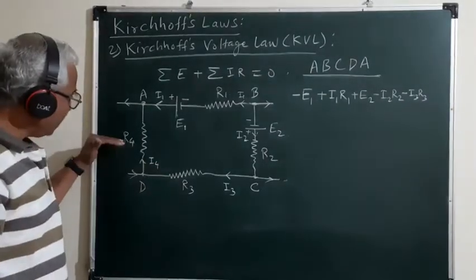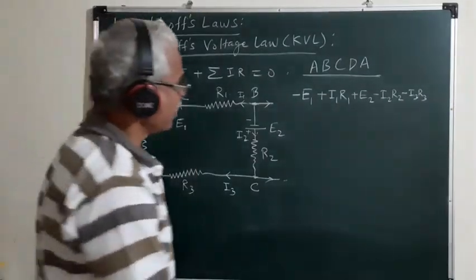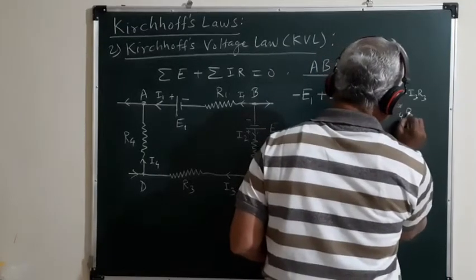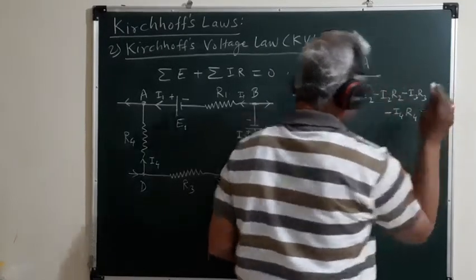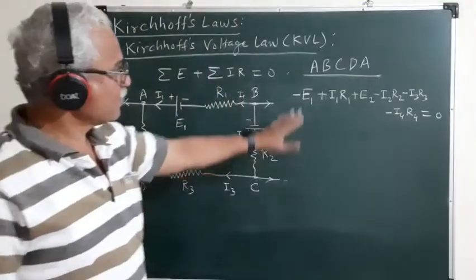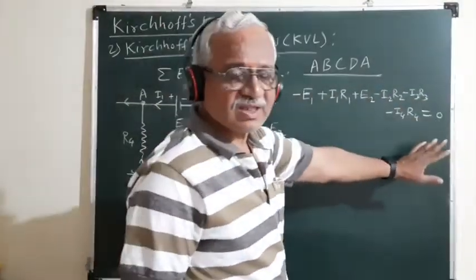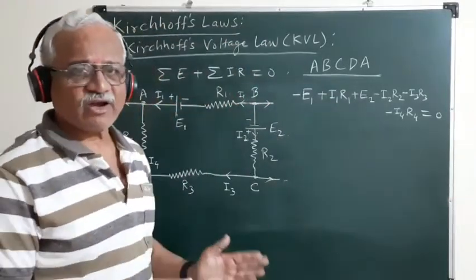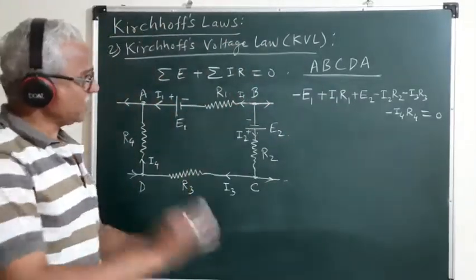The product I4 R4 again must be taken negative. So it is minus I4 R4, and this must be equal to 0. So the sum of all these potentials must be equal to 0, in accordance with Kirchhoff's voltage law.